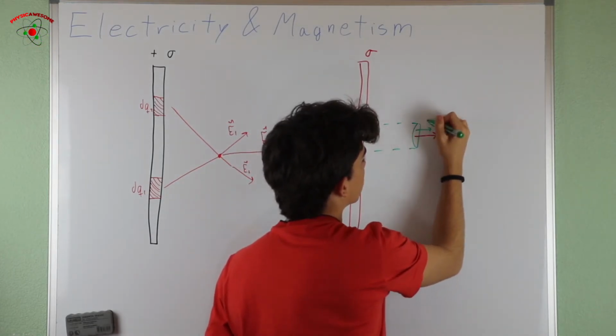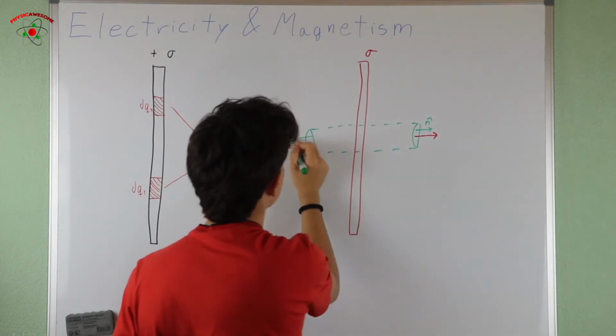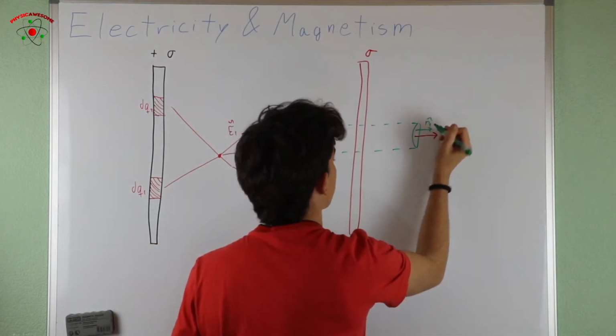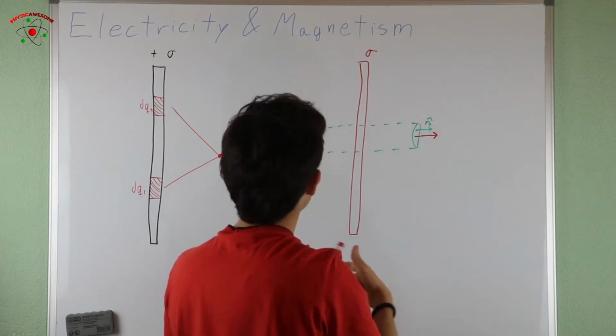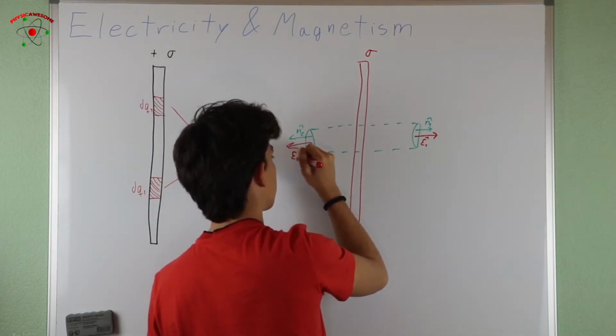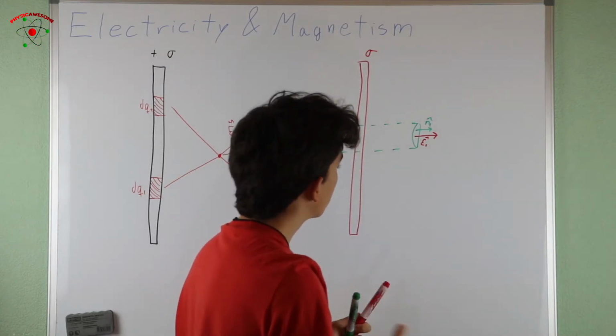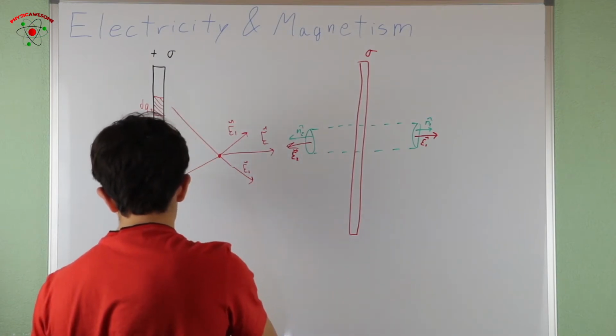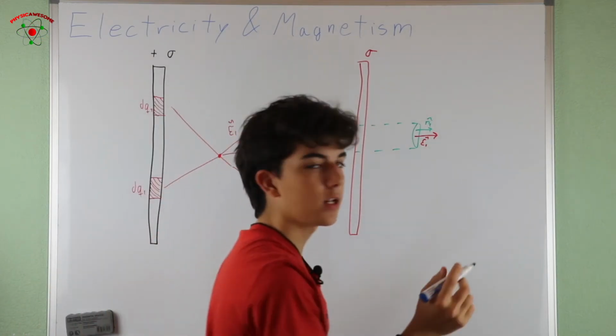And we're going to have n hat and n hat of the surface. Let's call it n hat 1, n hat 2, and this is E1, E2.